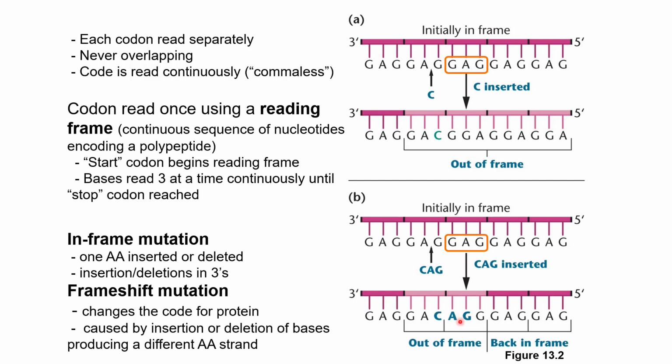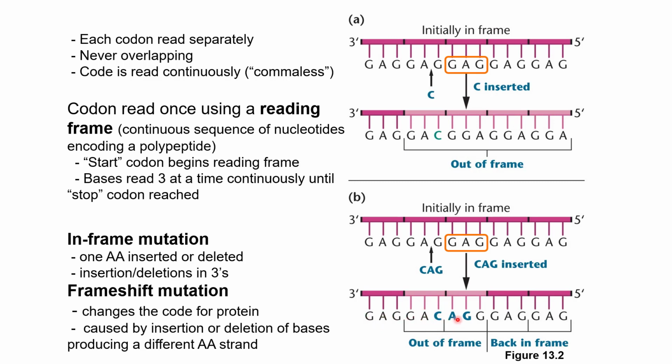But we can also have what's called frame shift mutations, in which we shift the reading frame. So right here, this is our frame. If we stick in a CAG into this position, and our reading frame is right here, it's going to shift everything. So we can see it right here. We start in reading frame, but now we're out of reading frame.